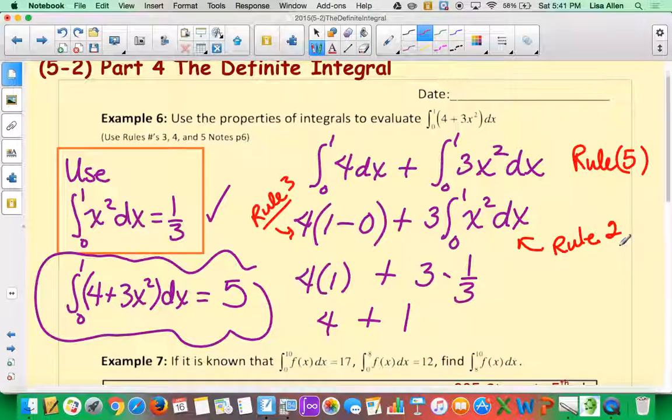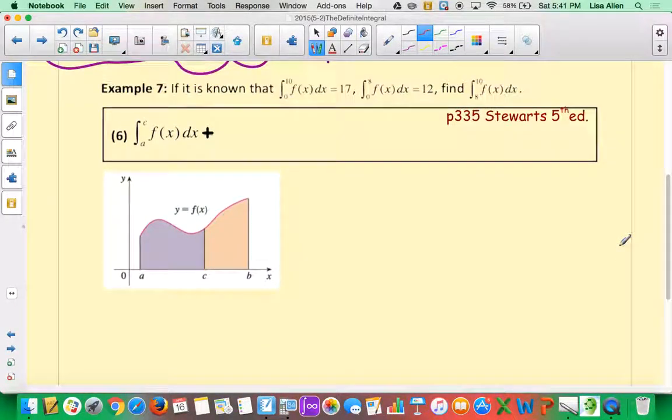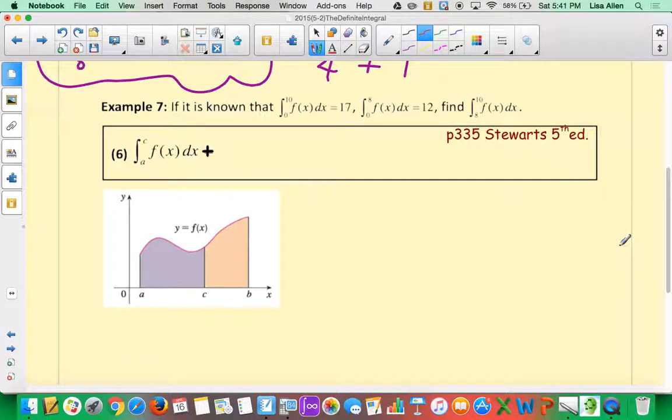Now in the next example we're going to use the rules where we have a total area, and it looks like we're going to break it into 2 regions. The rule goes like this.